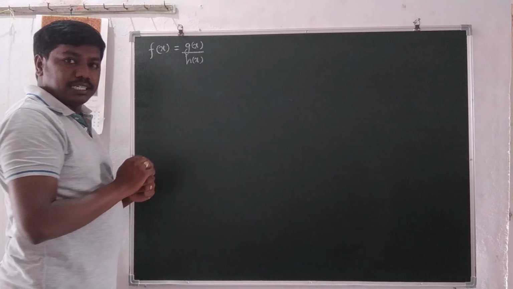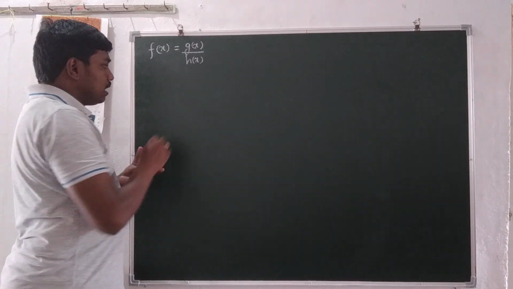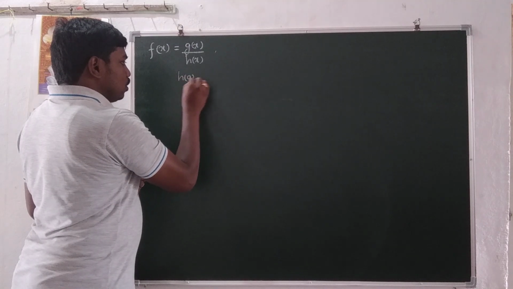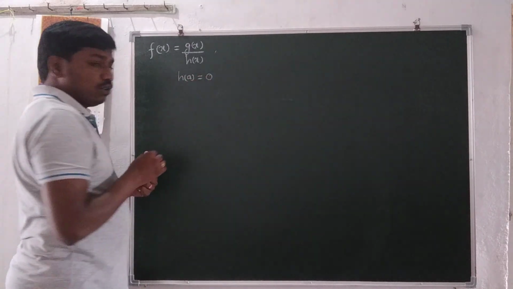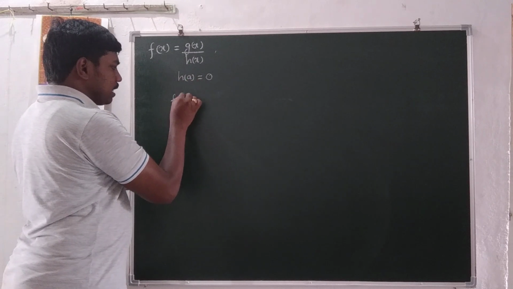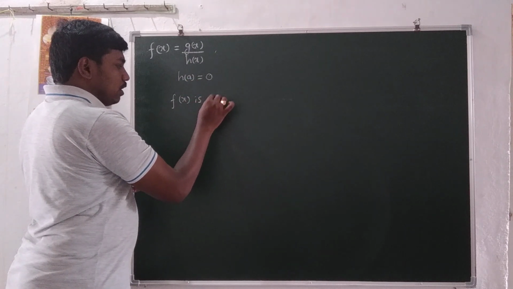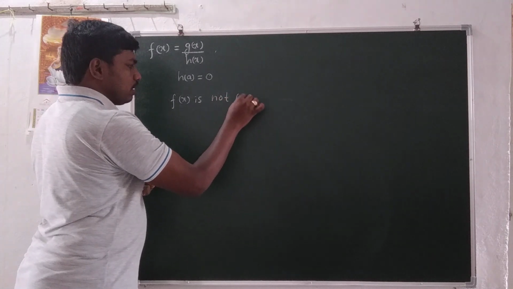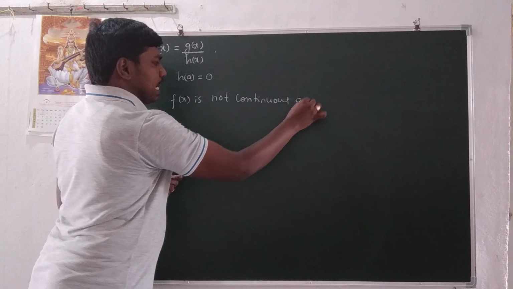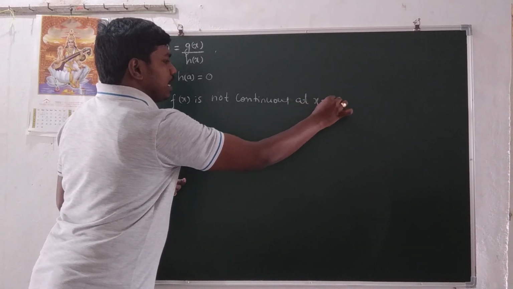Suppose h of a is equal to 0, then f of x is not continuous at x is equal to a.